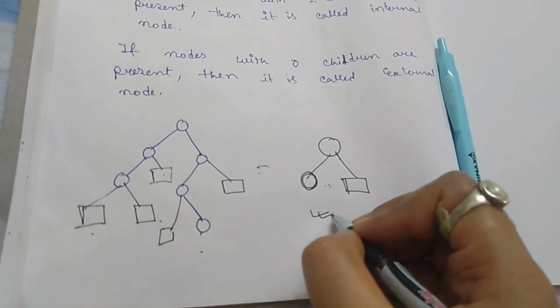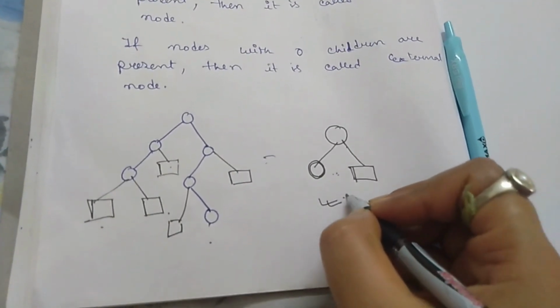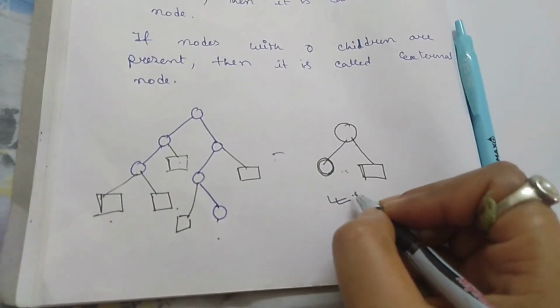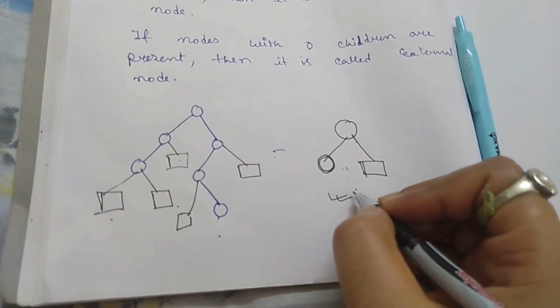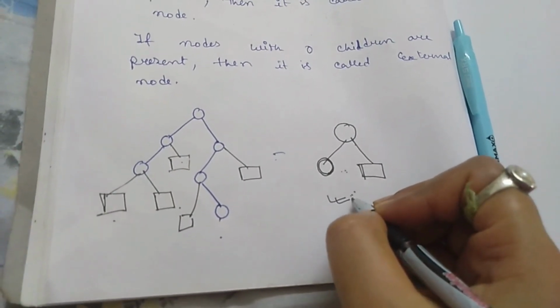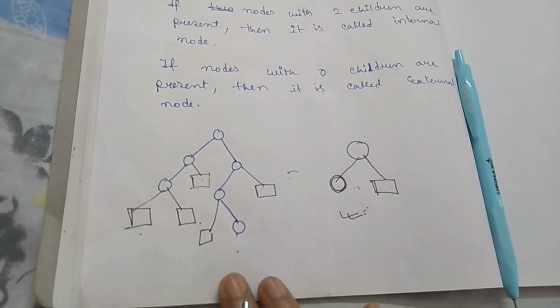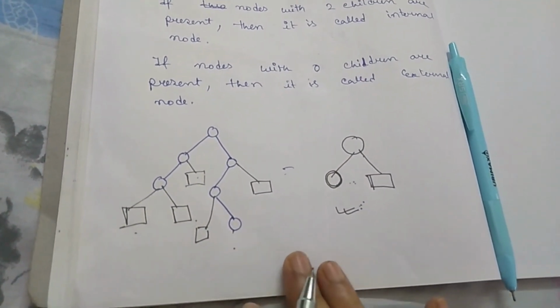This concept is known as extended binary tree, as well as the internal node of an extended binary tree. Okay. Up to this we cover the binary tree concept.